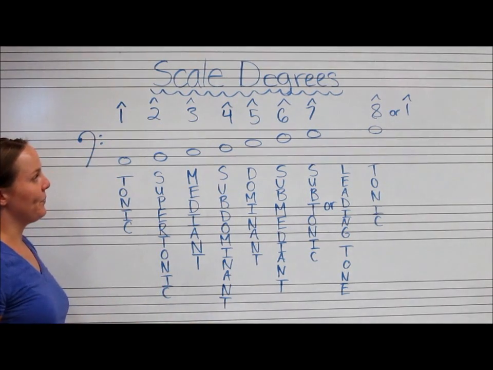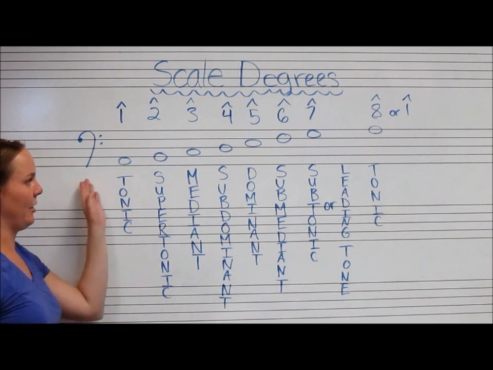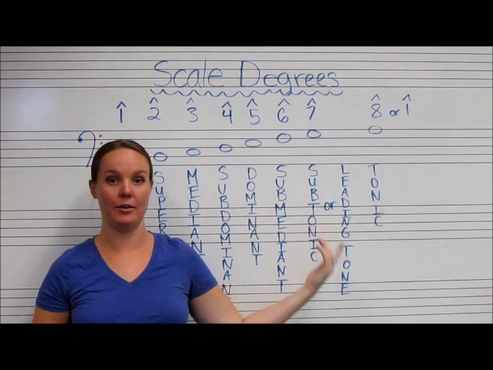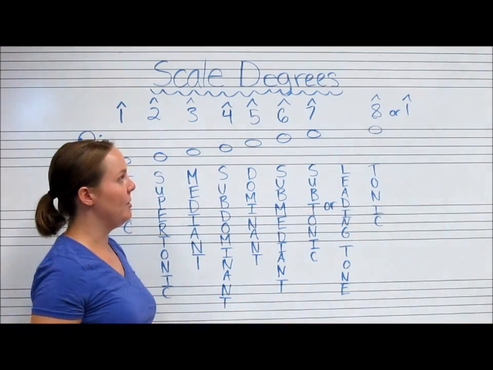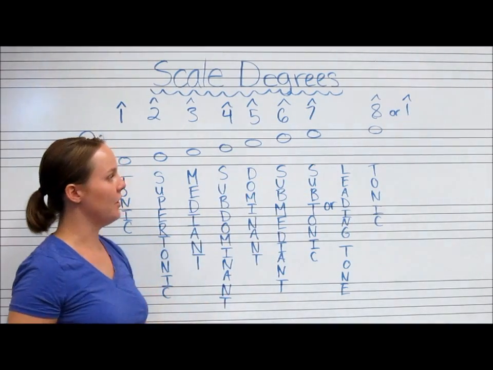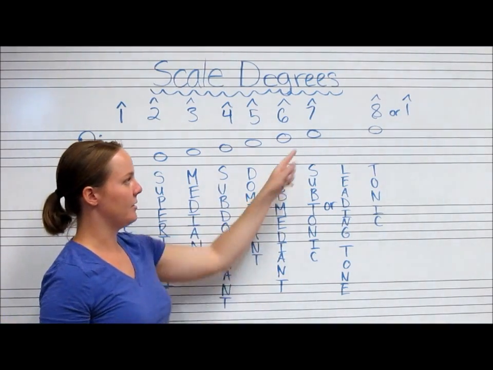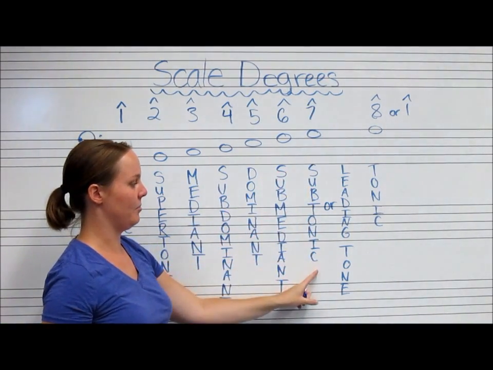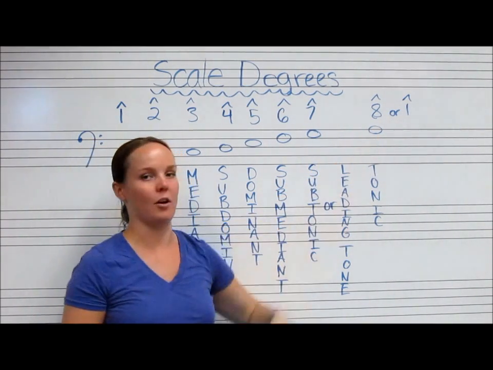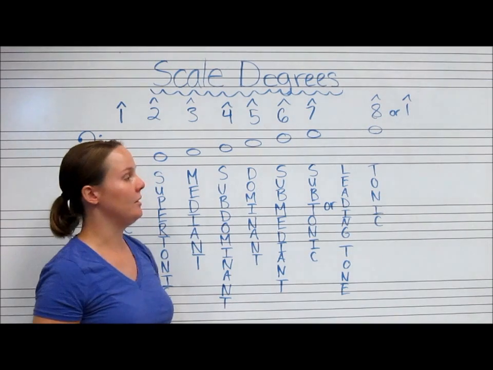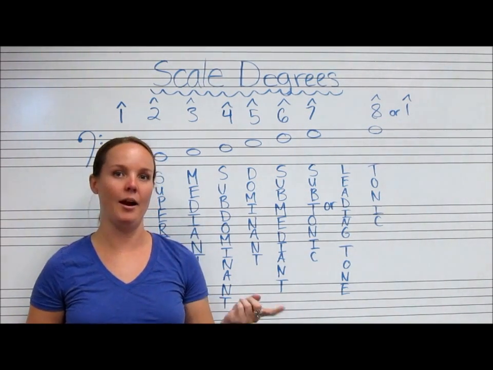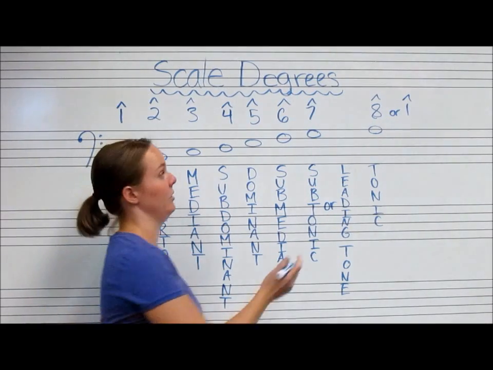The thing that's going to make this scale turn from natural minor to a harmonic minor scale is when you raise the seventh scale degree. So in natural minor, the seventh scale degree is called the subtonic, and it's a whole step away from your tonic. When you're dealing with harmonic minor, you raise that seventh scale degree up a half step. In this case, we add a sharp.